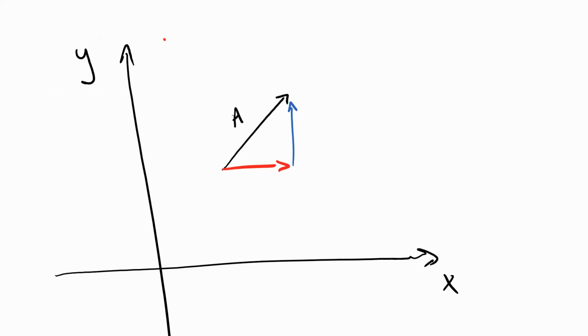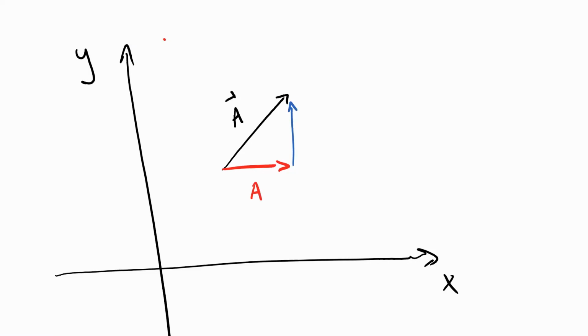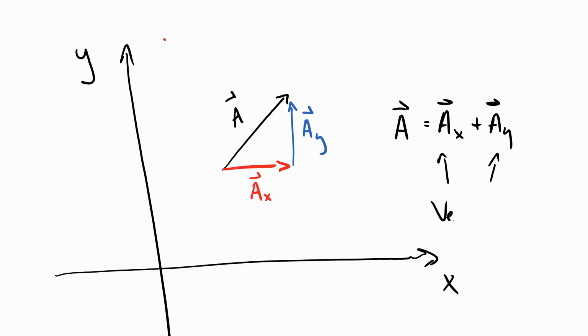So here's my vector A, and I'm going to say A has two components, AX and AY. And I can see, looking at this, that A equals AX plus AY. These, we will say, are the vector components of A.